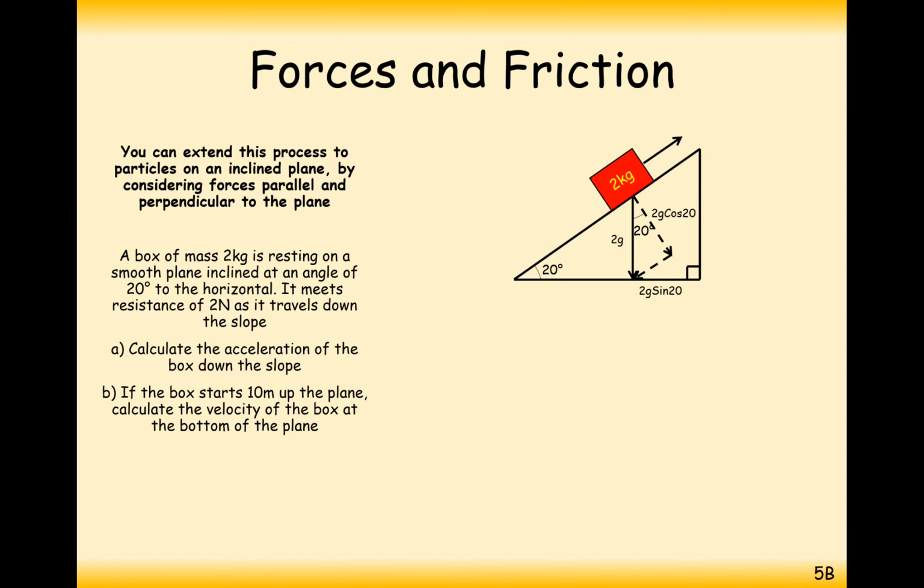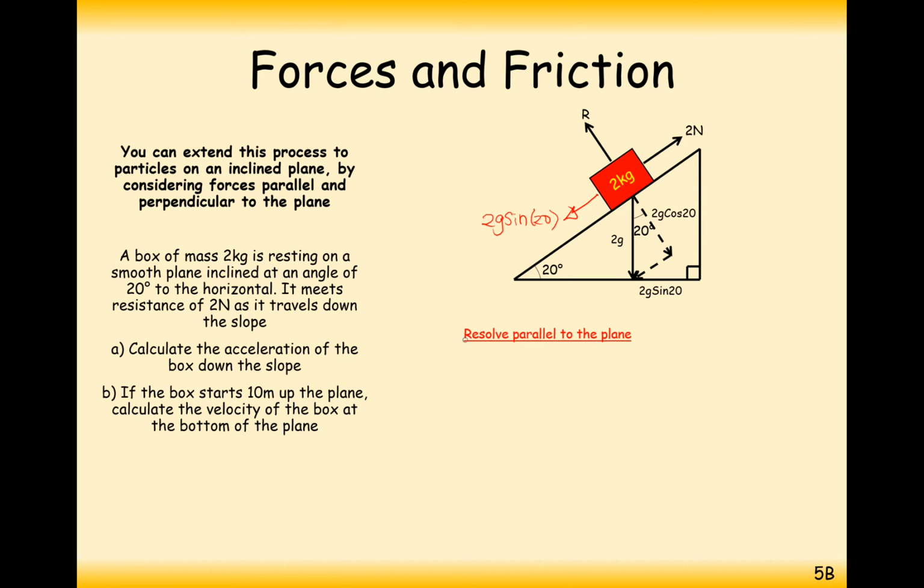So the force that's going to be pulling it down the slope is 2g sin 20. And the force that's pulling it up the slope is a bit of a friction force that's 2 newtons. Now, that shouldn't restrict the particle from travelling down the slope, but it might slow it down a little bit. And the R force there we're going to use later on.